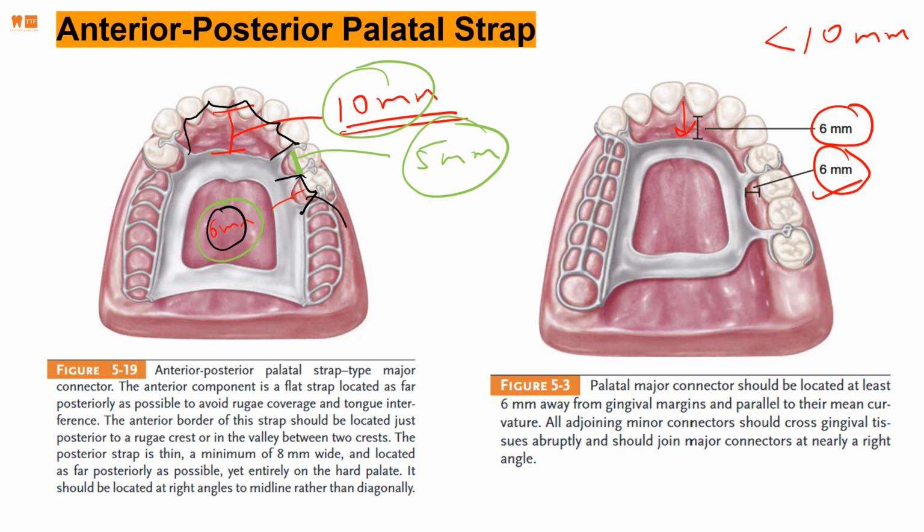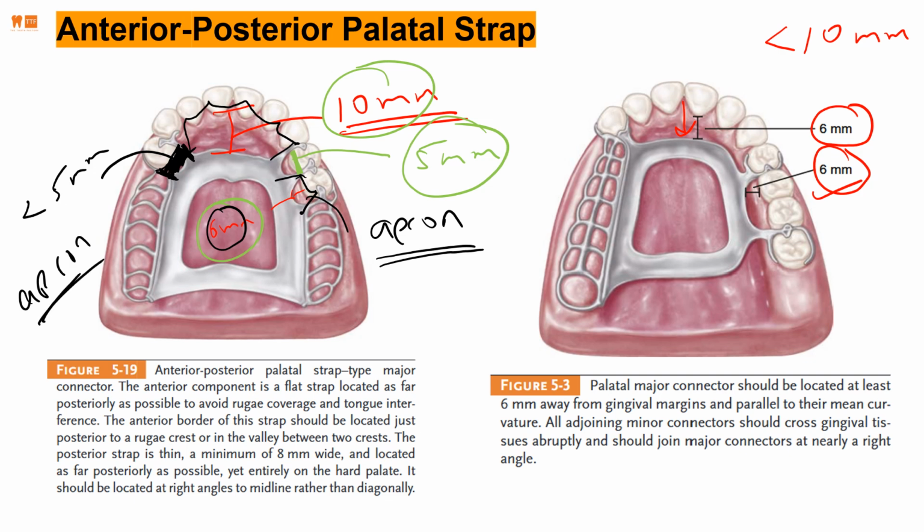This is known as an apron. An apron must also cover if this dimension from one minor connector to the other minor connector is less than 5 millimeters. It needs to be covered. Simple. And this darkened area is known as an apron.